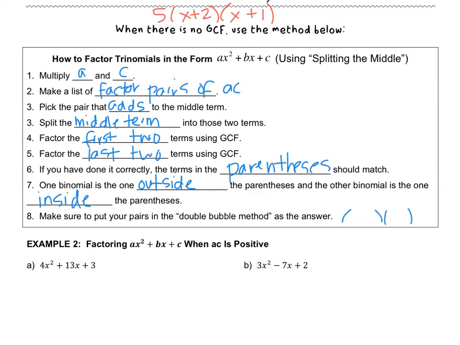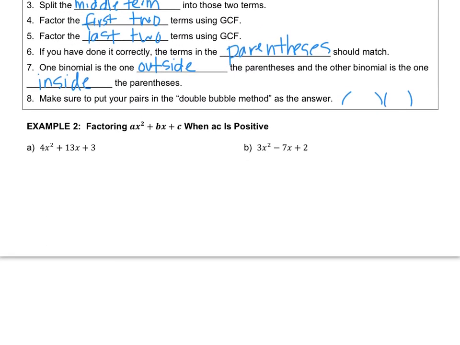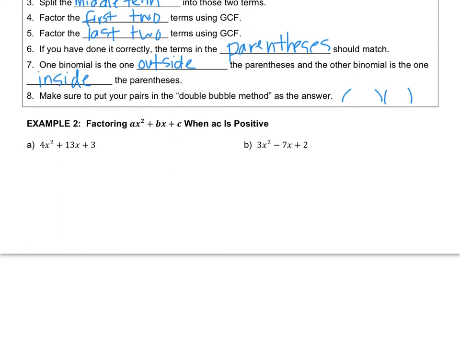Okay, so the first couple steps felt familiar, the last couple steps not so much. So let's incorporate them. The first thing that we're going to do in example 2 is obviously we check for GCF, and I've already gotten the GCF out. So example 2, a and b, there is no GCF, but you should always check first.